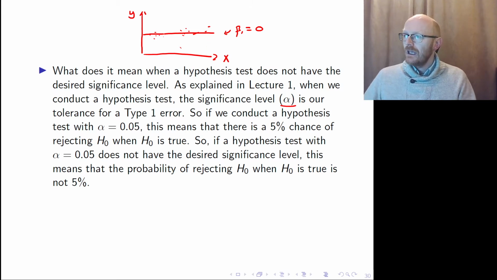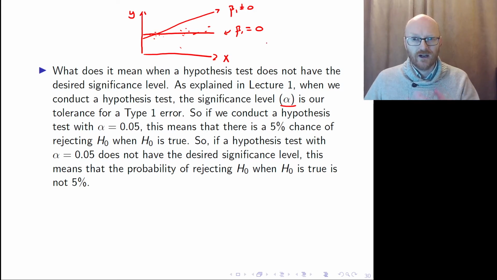If we have a beta different from 0, for example this beta 1 different from 0, then that would be our alternative hypothesis. Just beware that we can have any beta different from 0. It doesn't need to be positive as in this case.